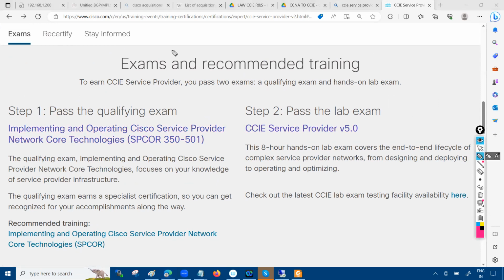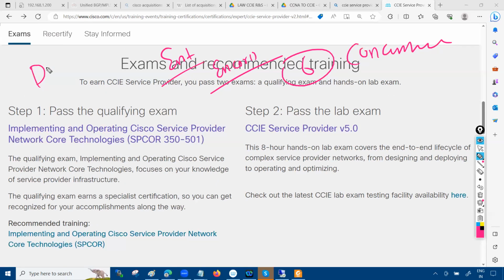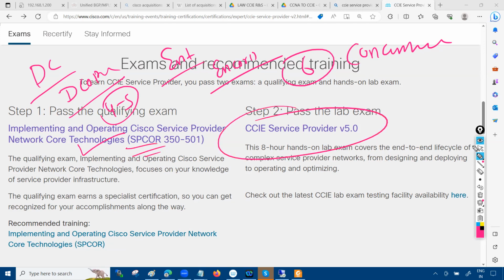In enterprise, we have one ENCOR paper, and apart from this we have 6 papers called the concentration. Even the data center has a DCCOR exam, and apart from DCCOR they have 4 to 5 exams, I think. But for service provider, there is only one SP core exam, and you can go with the CCIE lab if you want.